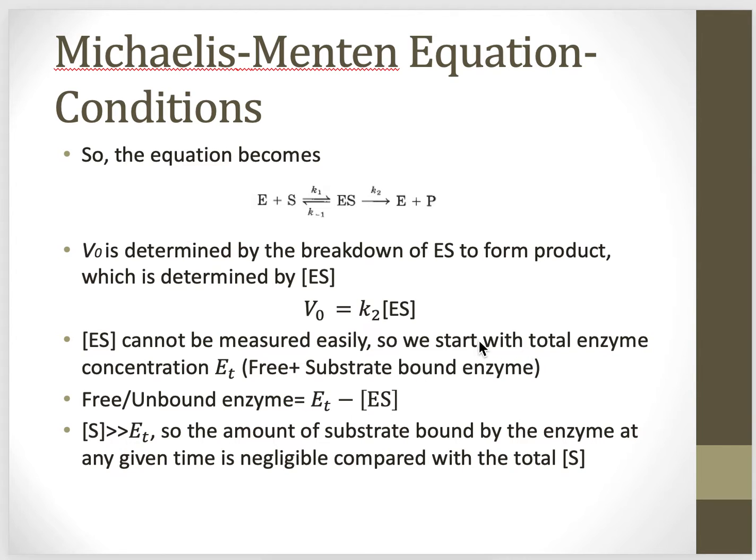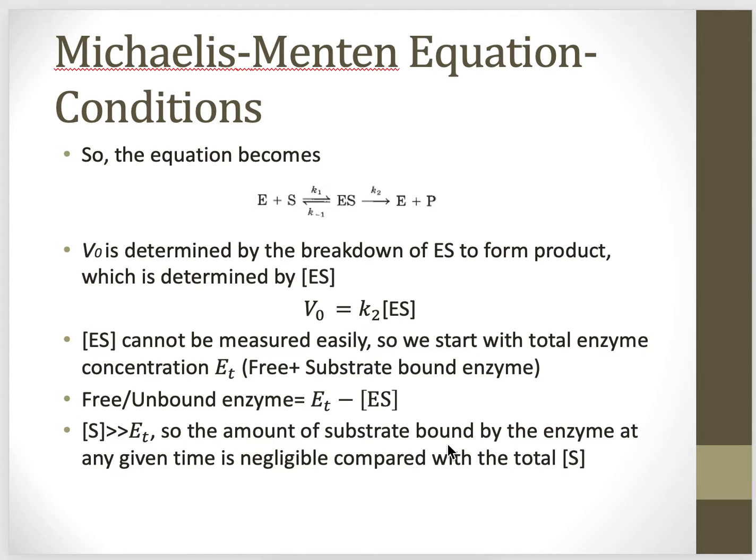We start with the total enzyme concentration, ET. What is the total enzyme concentration? It is the sum of the free enzyme concentration and the substrate bound enzyme concentration. So that means free enzyme will be total enzyme minus ES, right? ES is the substrate bound enzyme. Now, if the substrate concentration is much higher than the total enzyme concentration, what will happen?